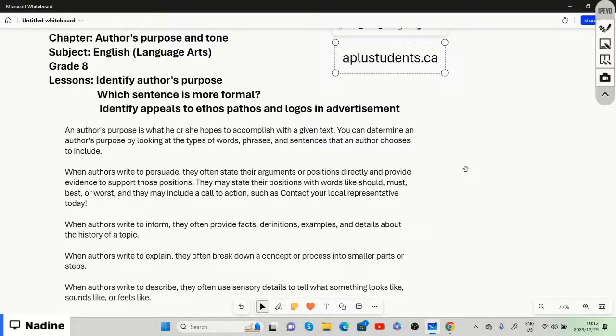So that is how we identify the author's purpose, based on what the author hopes to accomplish with a given text. You can determine an author's purpose by looking at the type of words, phrases, and sentences that an author chooses to include.